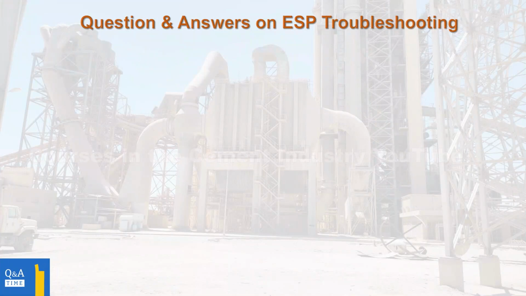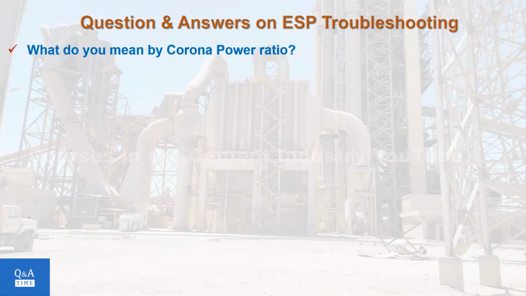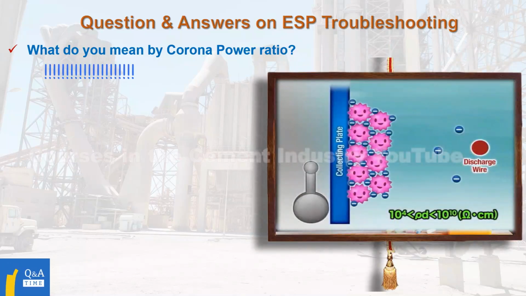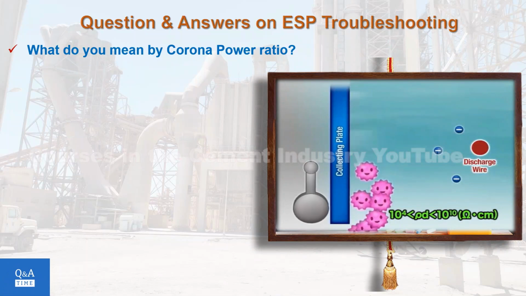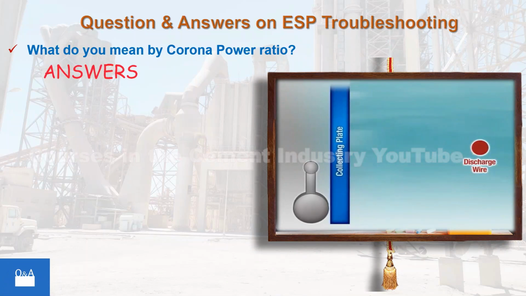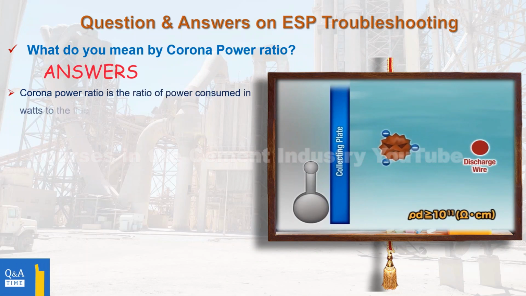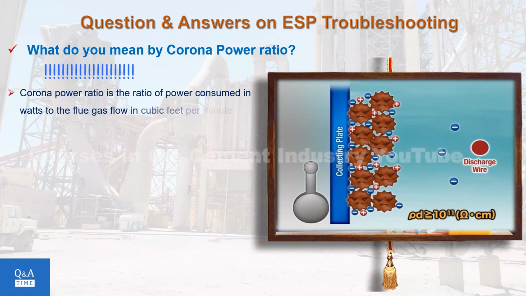Question 19. What do you mean by corona power ratio? Answer. One. Corona power ratio is the ratio of power consumed in watts to the flue gas flow in cubic feet per minute. Two.